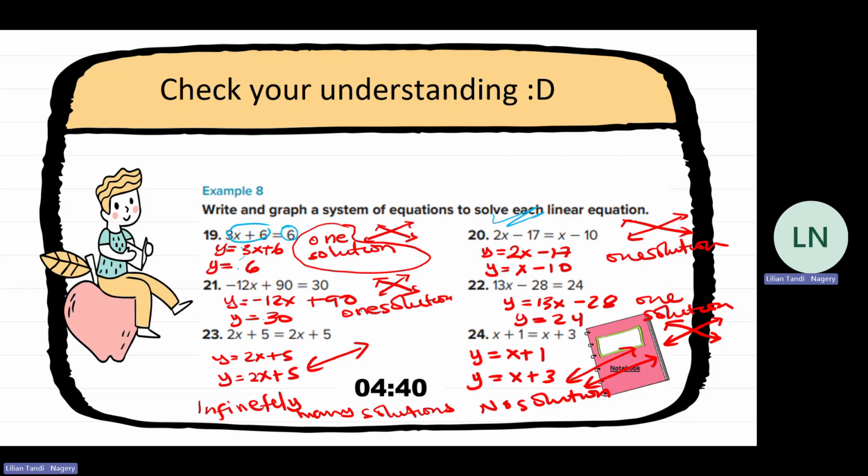Slopes are different, one solution. Slopes are the same, y-intercept is the same, infinitely many solutions here for question 23. And then question 24, slopes are the same, y-intercepts are different, your lines will be parallel. So that's how you answer that.